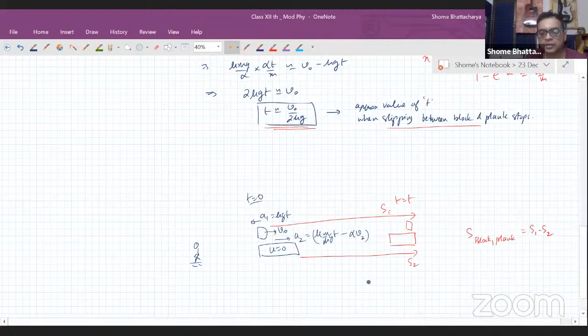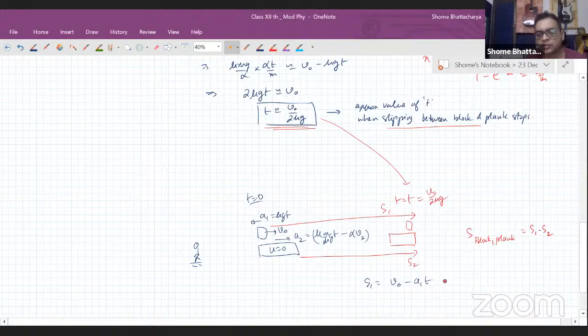Okay. So S1 we can see will be v naught minus a1 t. Now we are taking this time as the specific time, v0 by 2 mu g. So what has happened?